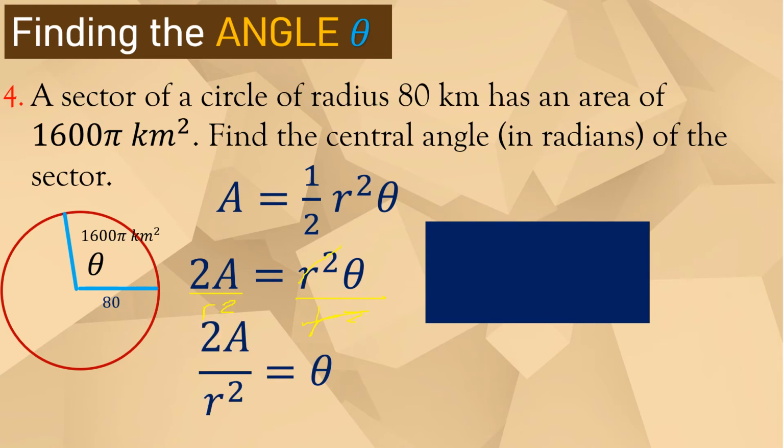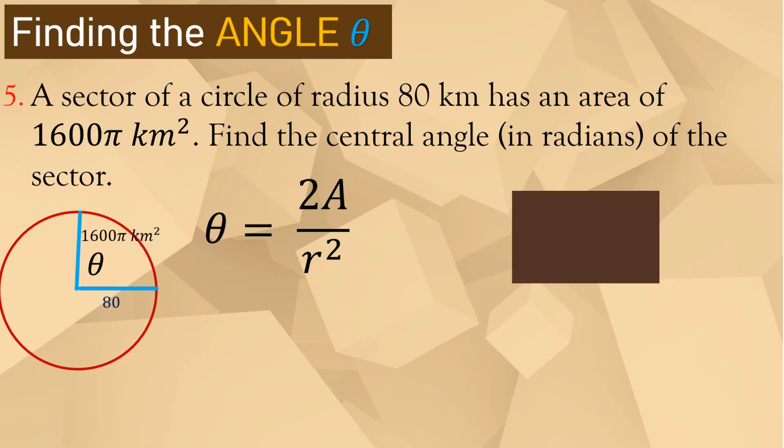Okay, so theta is equal to 2 pi over r squared. So that will be our formula. Now we are ready to solve the problem. In the problem, the radius is 80 kilometers and the area of the sector is 1,600 pi square kilometers. The formula is now given. You just need to substitute.